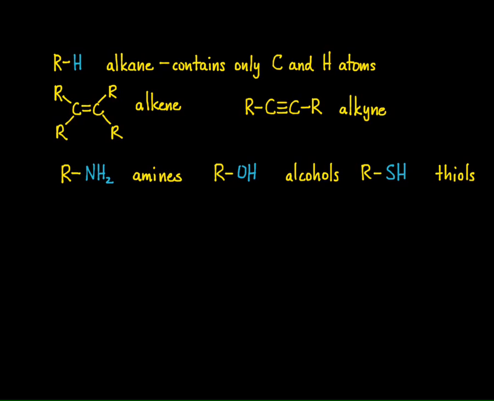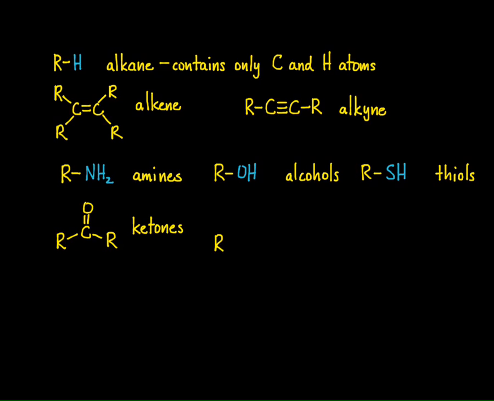Now, we have a wide variety of compounds that contain a carbon-oxygen double bond. That's called a carbonyl. So if the carbonyl has two carbon skeletons coming off of it, it is called a ketone.